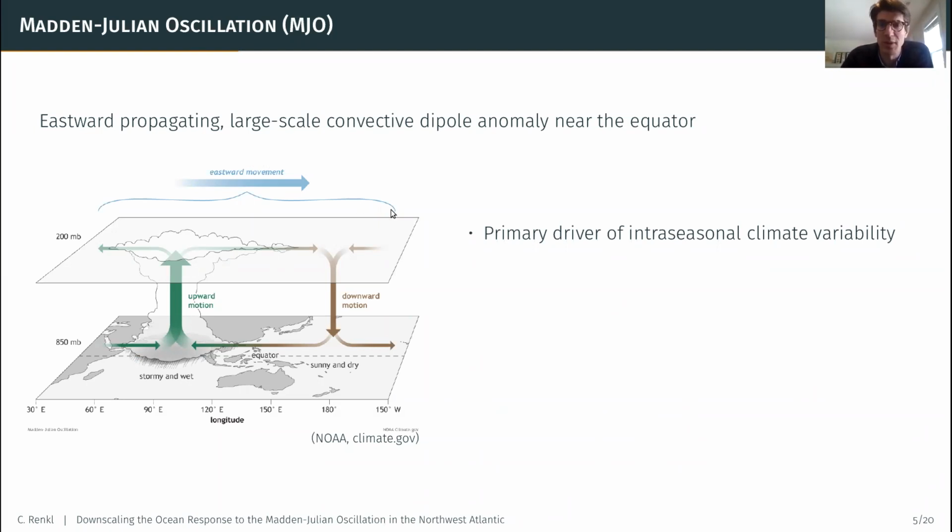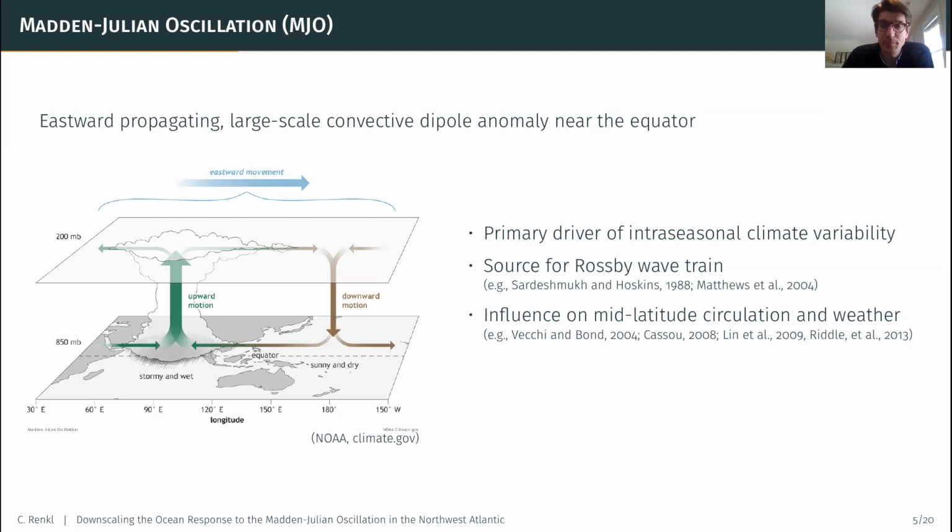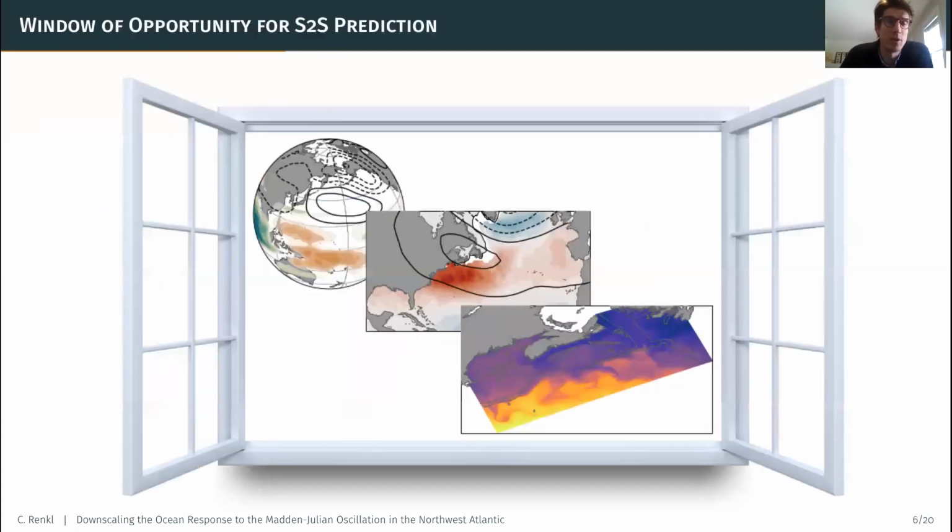And it's been shown to be the primary driver of intra-seasonal climate variability. Furthermore, it's been shown that this large-scale convection associated with the MJO serves as a source for Rossby wave trains. And this Rossby wave train propagates poleward and westward, and thus influences the mid-latitude circulation and weather. And this then creates a window of opportunity for S2S prediction of weather and maybe the ocean.